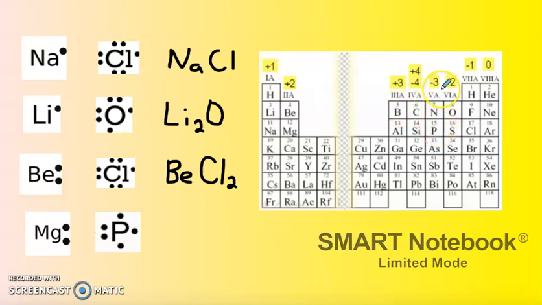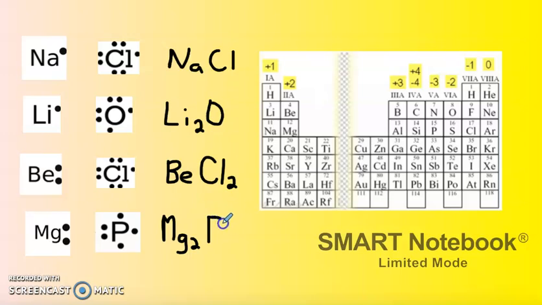P is -3. What if you had 3 Mgs, that would be +6, and you had 2 Ps, that would be -6. And that's exactly how it would work out. So some compounds have more than just one atom of each.